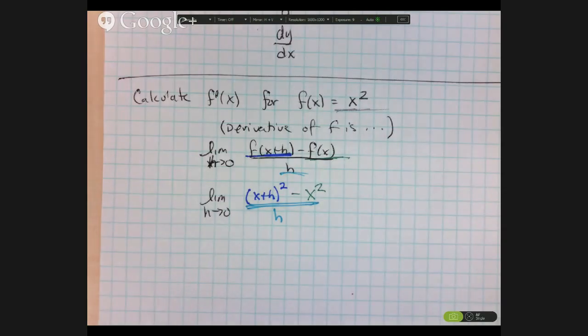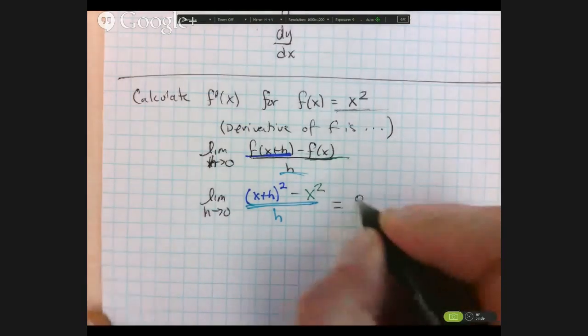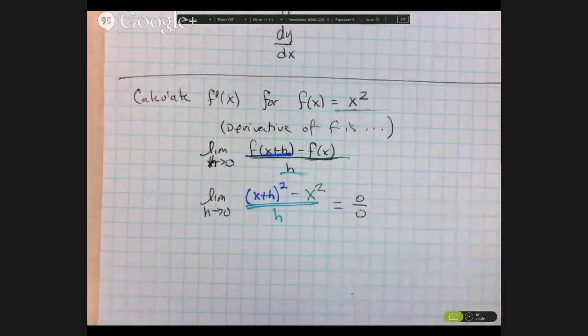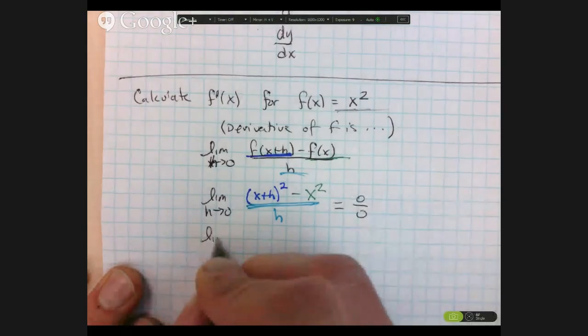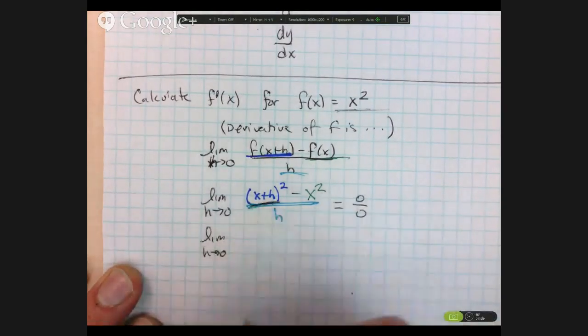So now we need to expand it out, because right now it's 0 over 0, right? If you plug and chug. So we've got to algebraically simplify it. Foil that.